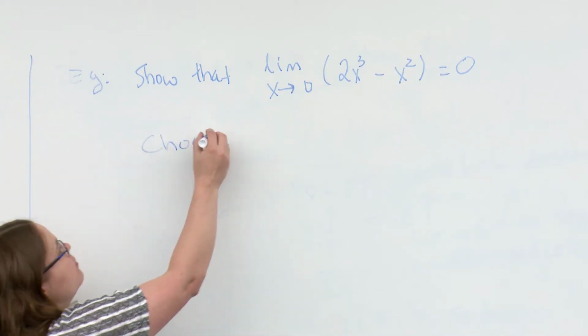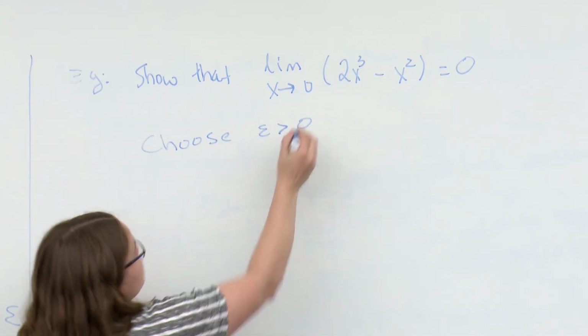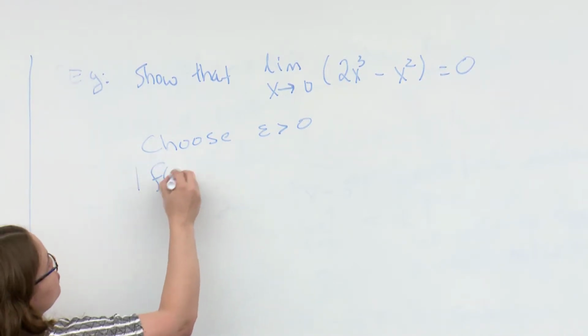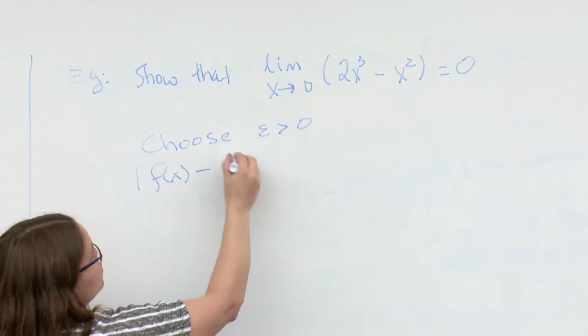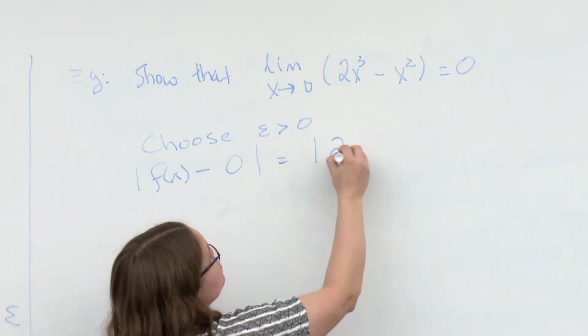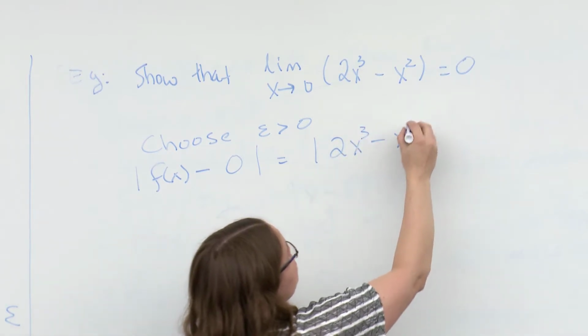We pick an epsilon. And we write down our f of x minus L. L is 0 in this case. OK, so this is 2x cubed minus x squared.